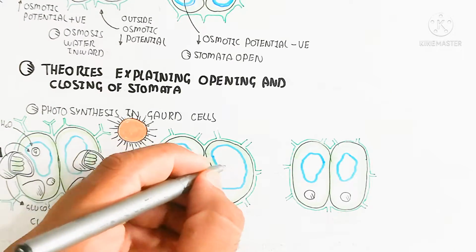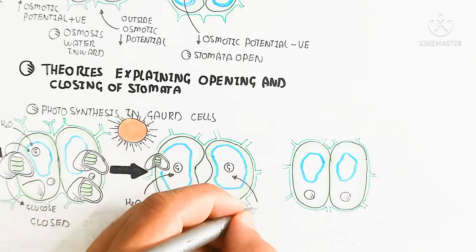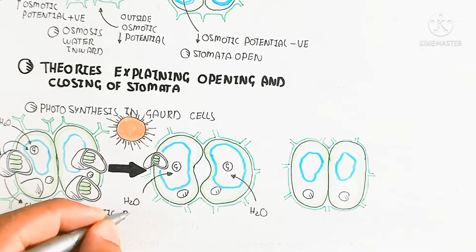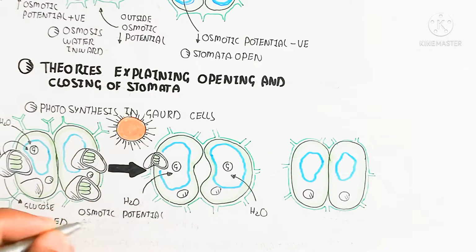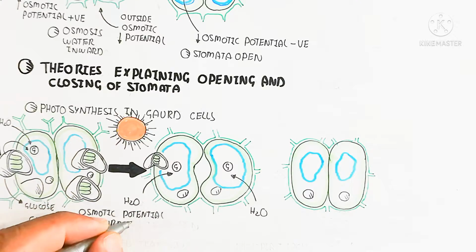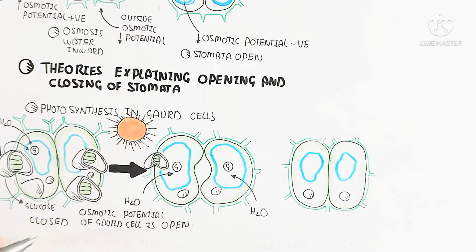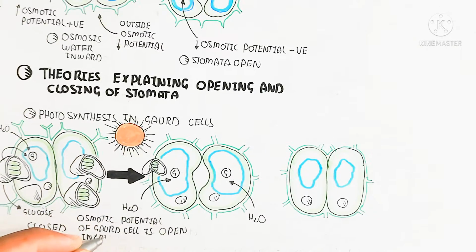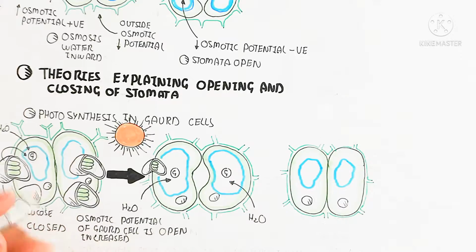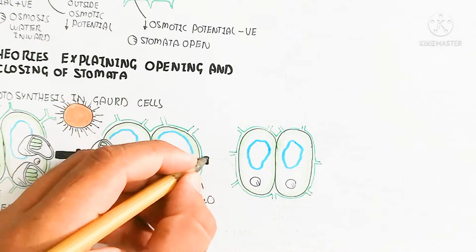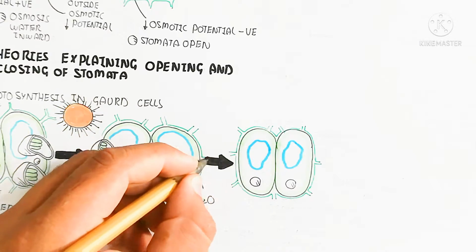In this way, in the late daytime the stomata remain open, so the oxygen will move outside while the carbon dioxide will move inside for photosynthesis in the dark reaction in the Calvin cycle. So this is carbon dioxide fixation. So the osmotic potential of the guard cell is increased.